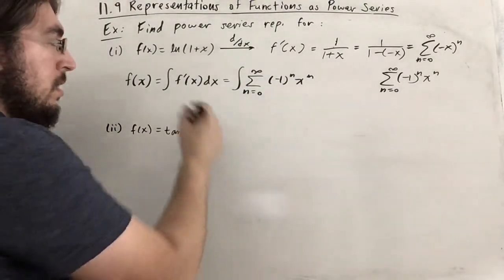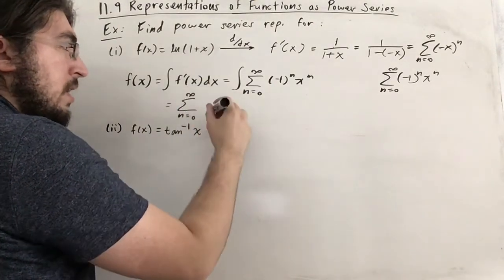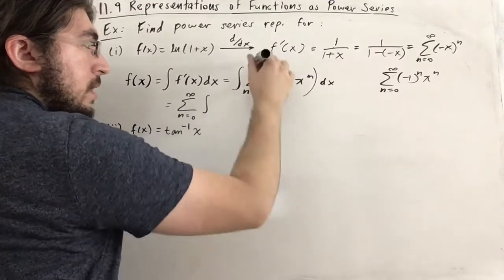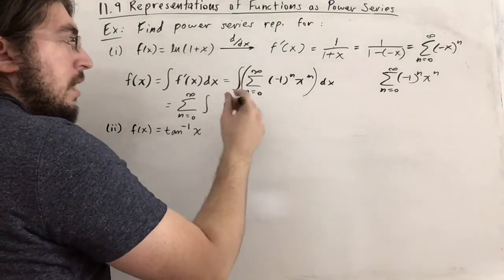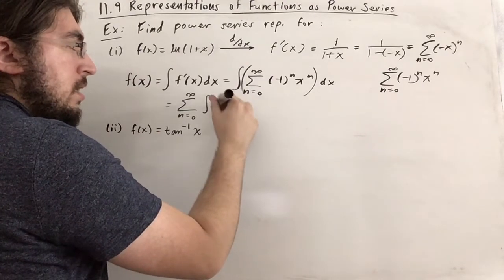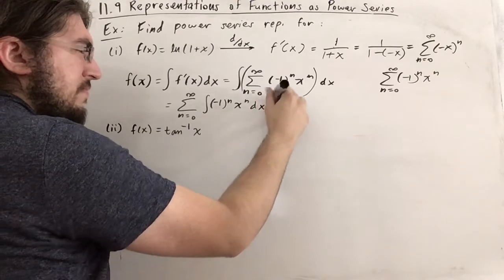So what we get is the sum from n equals 0 to infinity of the integral, I should say dx here by the way, of (-1) to the n x to the n dx.